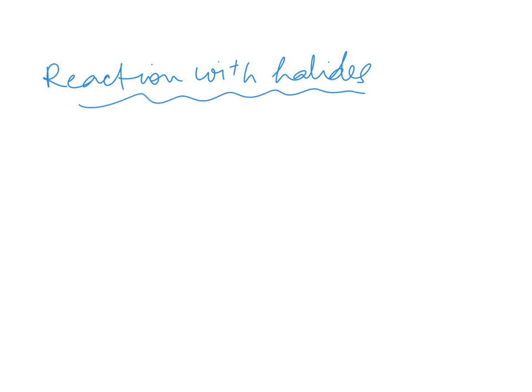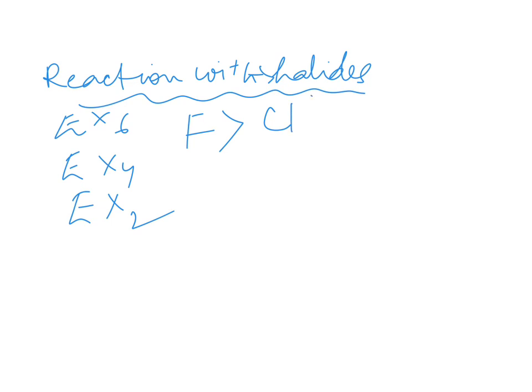Now reaction with halogens. So it will form what? Halides. Halogens form halides. They can be in the form EX6, EX4, EX2, and the stability of the halides is in the order: fluorides are more stable than chlorides, then bromides, and then iodides.